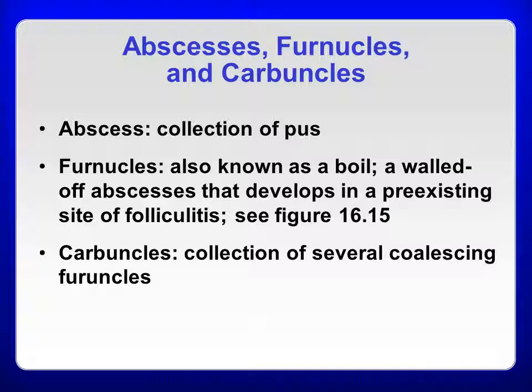Once it gets walled off, you then have the formation of what's called a boil or a furuncle. If several furuncles coalesce or come together, you get the formation of a carbuncle. That's basically a group of furuncles that have amassed together.